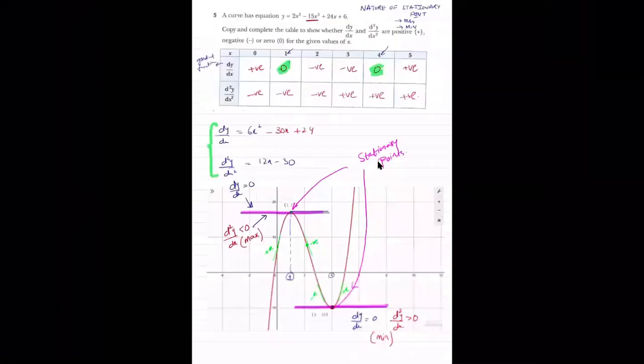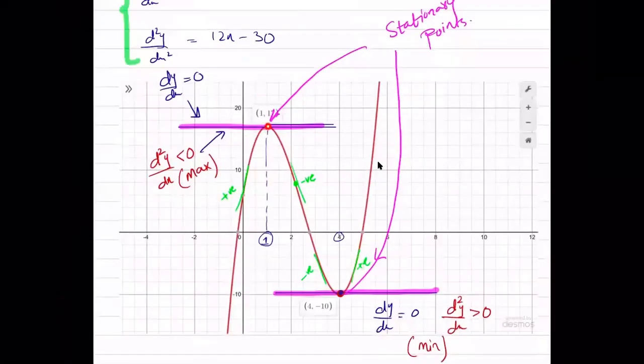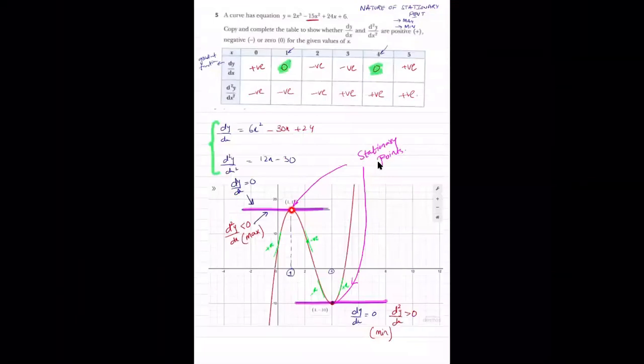Coming back to the graph again, this is a point where the dy by dx value was 0, right? Can you confirm what was the value of the second derivative over here? Was it a positive value or a negative value? Negative. So I'm getting one stationary point where the second derivative has a negative value. So at x equals 1, we have a negative second derivative.